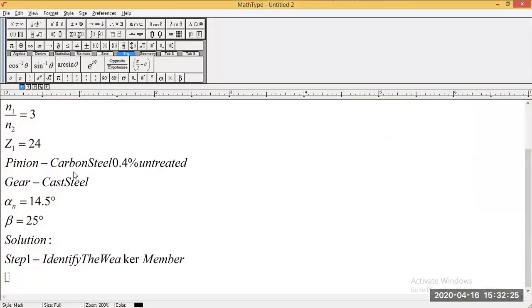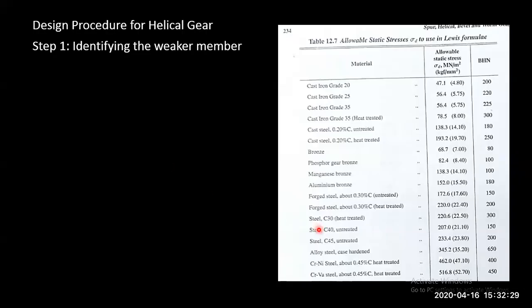It is carbon steel 0.4% untreated, so it is steel C40. Untreated steel is 207 meganewton per meter square, nothing but Newton per mm square. We'll note this down: 207.